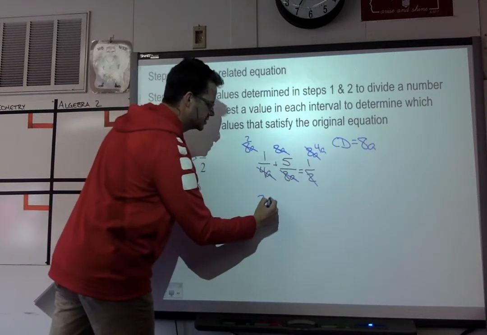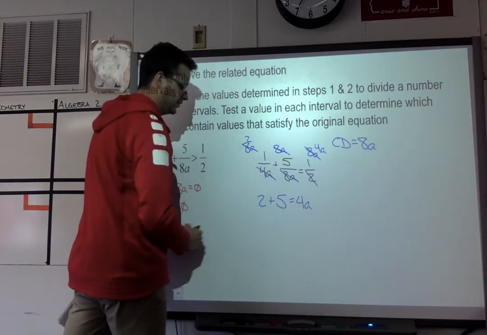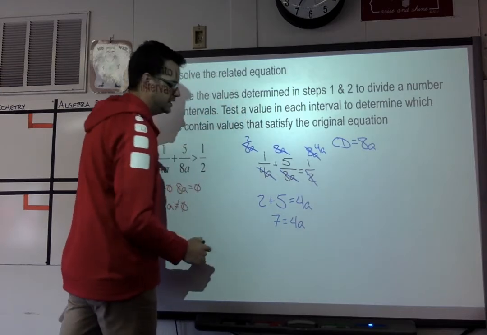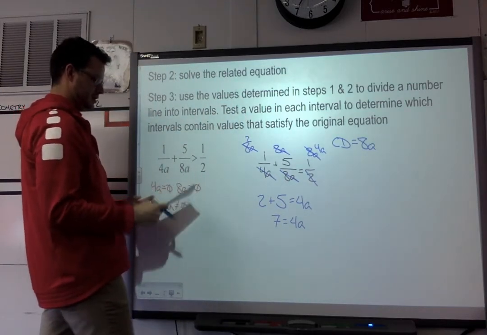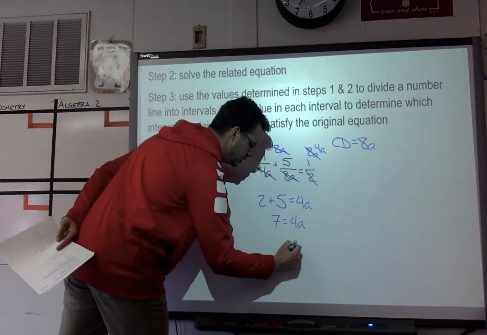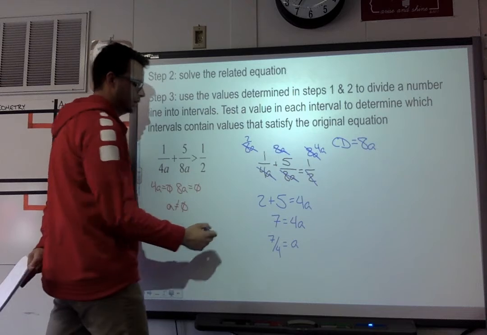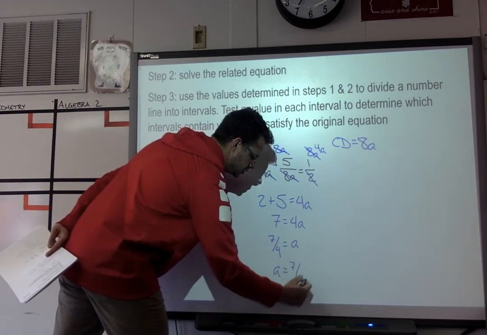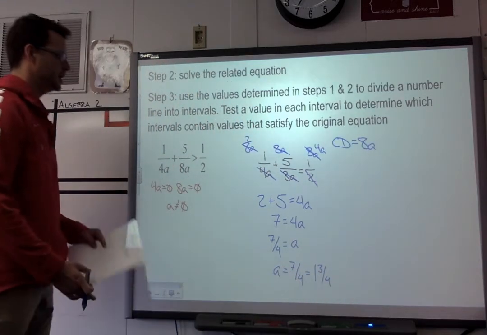So this will give us 2 plus 5 equals 4a, or 7 equals 4a. Divide by 4, so a equals 7 over 4, which is 1 3/4.